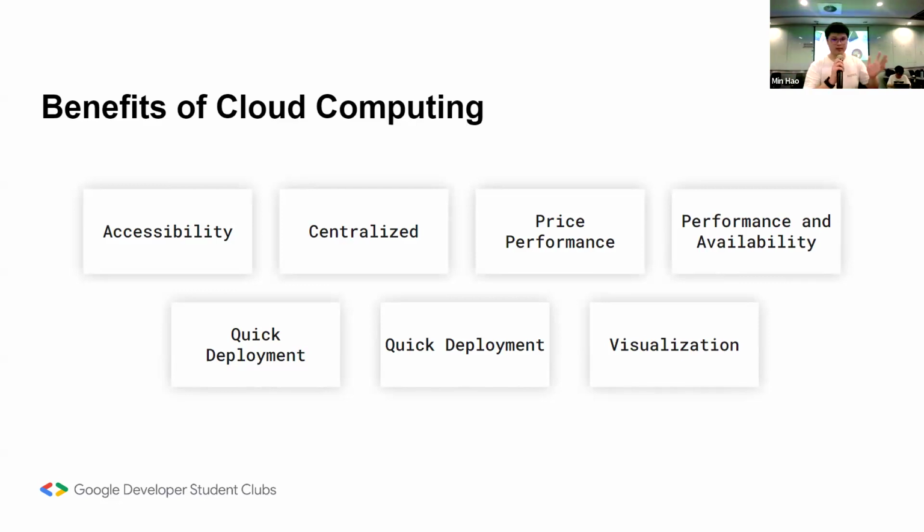Okay. Next, quick deployment. With current technology on cloud computing, or in a more general sense, continuous integration and continuous deployment, in short we call it CI/CD. When it comes to that process, cloud computing makes it very easy to deploy, especially when it integrates with a lot of other corporate platforms, for example, GitHub. So whenever you push live, maybe at the developer level or production level, it will automatically allow you to deploy a new version to the cloud.